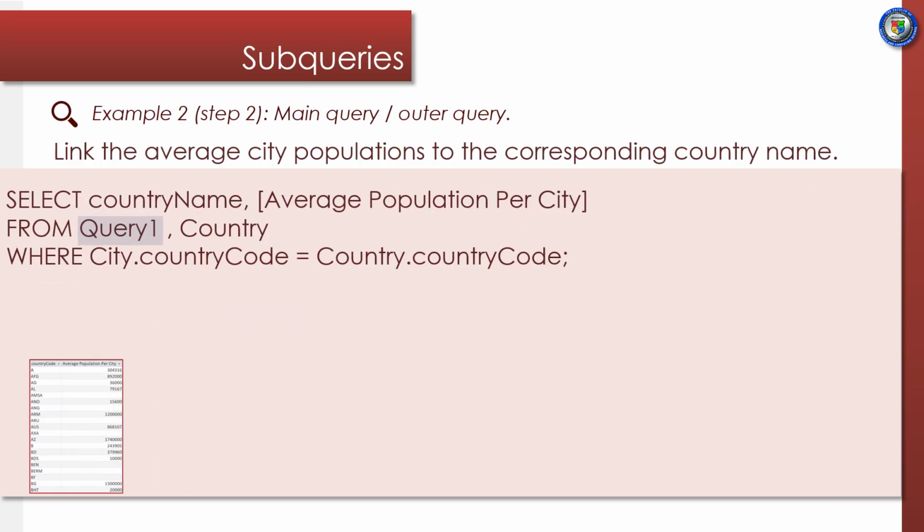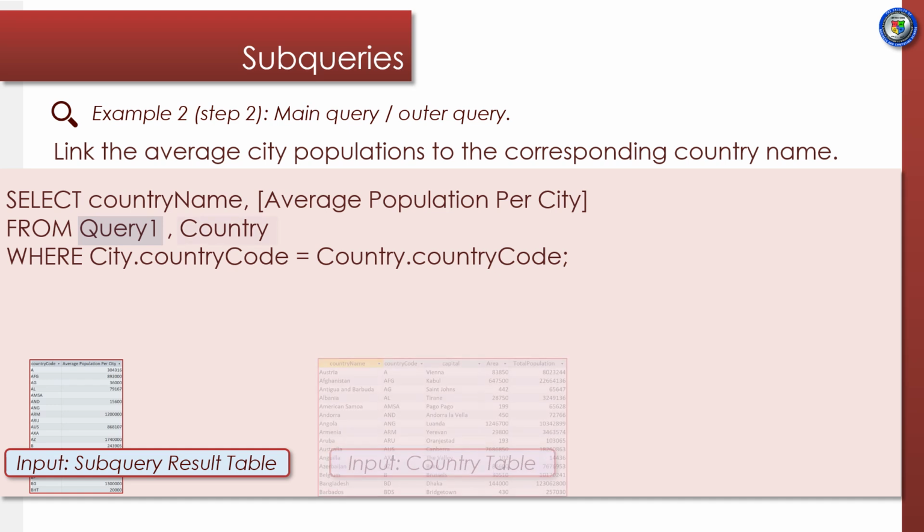When it comes to our main query, we can, in the from clause, put the query that we previously saved. In this case, query 1. We now have that subquery as an input and the country table.